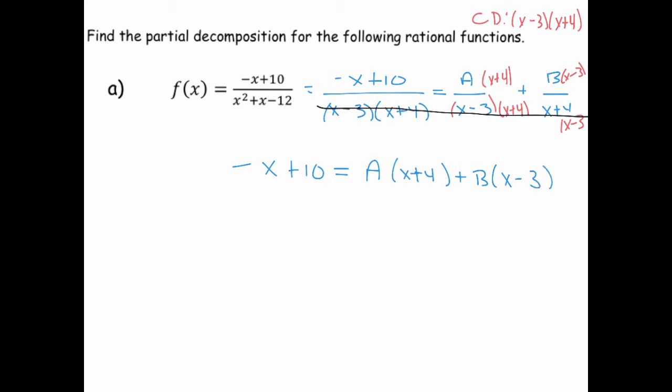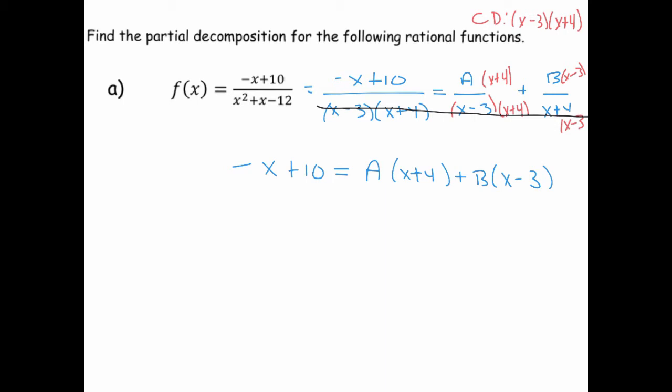Now our goal is to solve for a and b, and there are a couple ways you can do it. You could distribute and collect the terms in front of the x, and collect the constants. That works. I'm going to do it a different way because I think in the long run this way will be helpful.